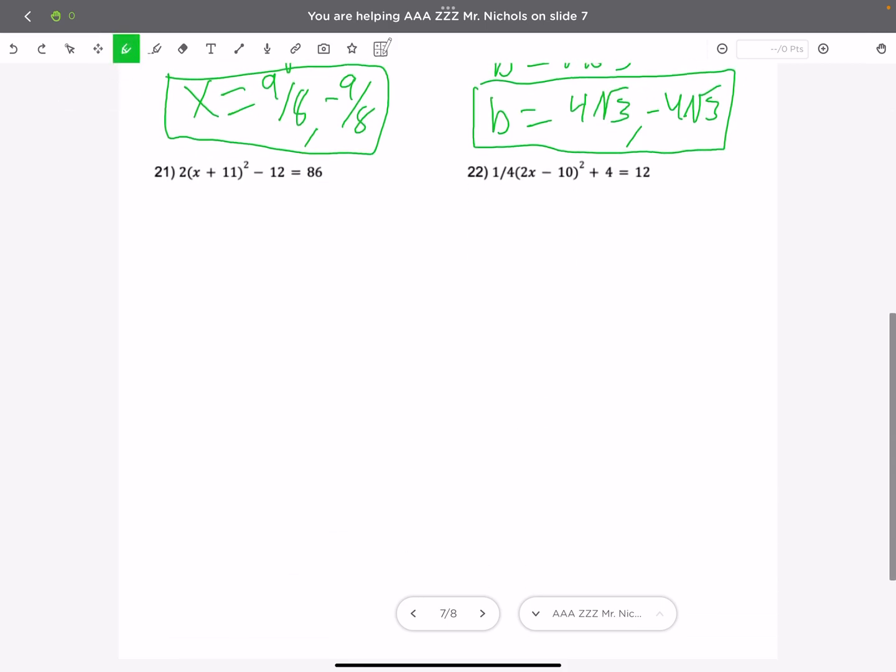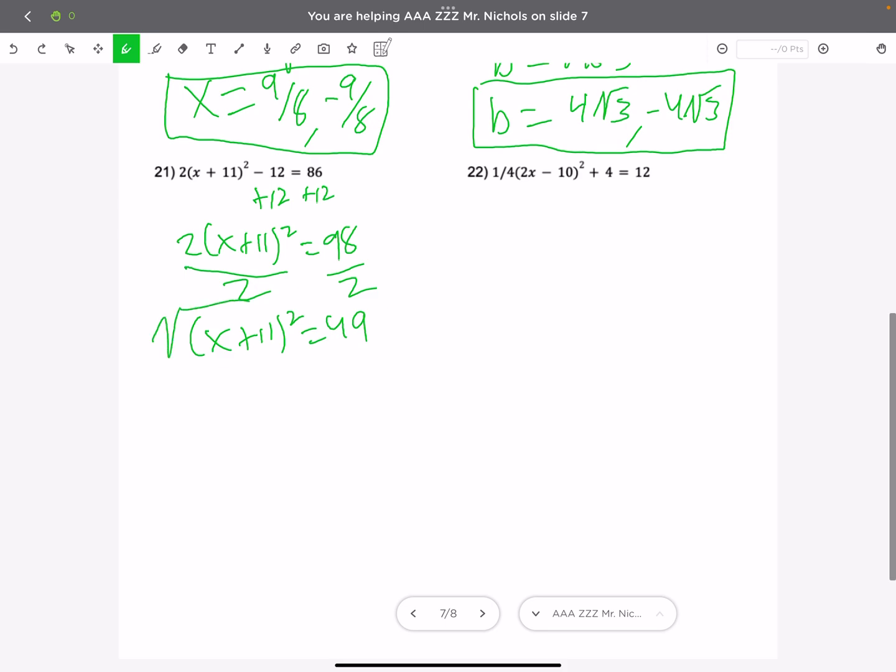For 21, now we have inside the parentheses an x plus 11 squared. So I'm going to add 12 on both sides, and I get 2 times x plus 11 squared is equal to 98. So this is divide by 2, and I get x plus 11 squared is equal to 49.